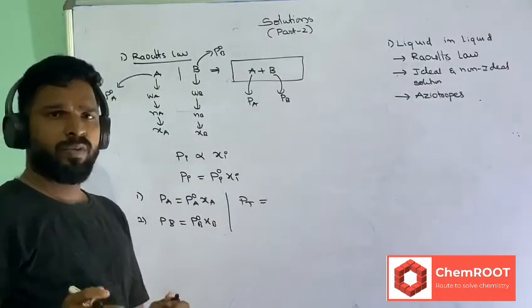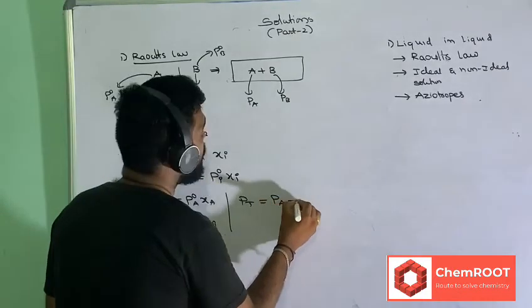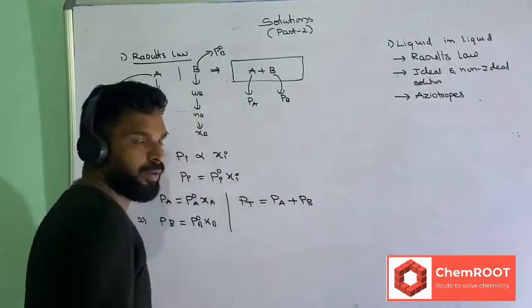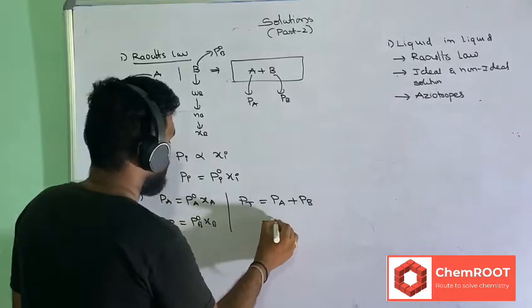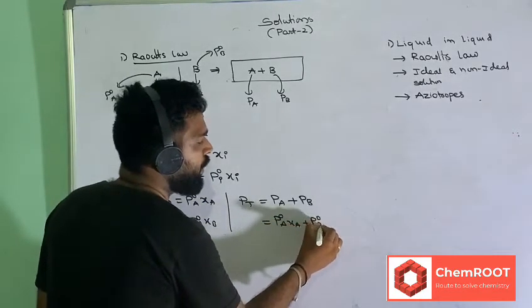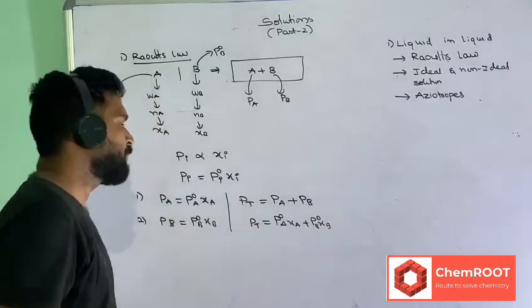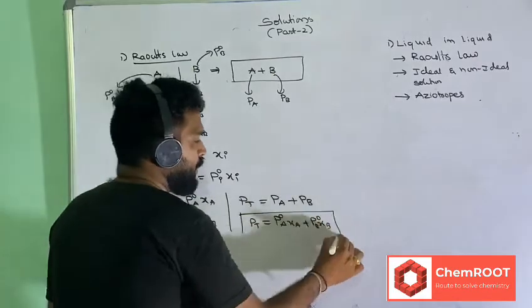Raoult's law is generally applicable for ideal solutions. So the total pressure equals the vapor pressure of A plus the vapor pressure of B, so we can write P_total equals P naught A chi_A plus P naught B chi_B. This is the expression we are getting.